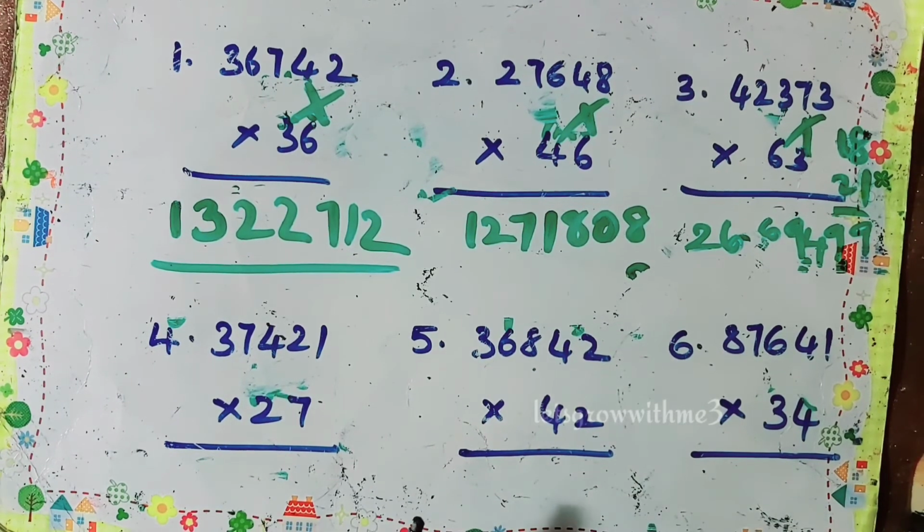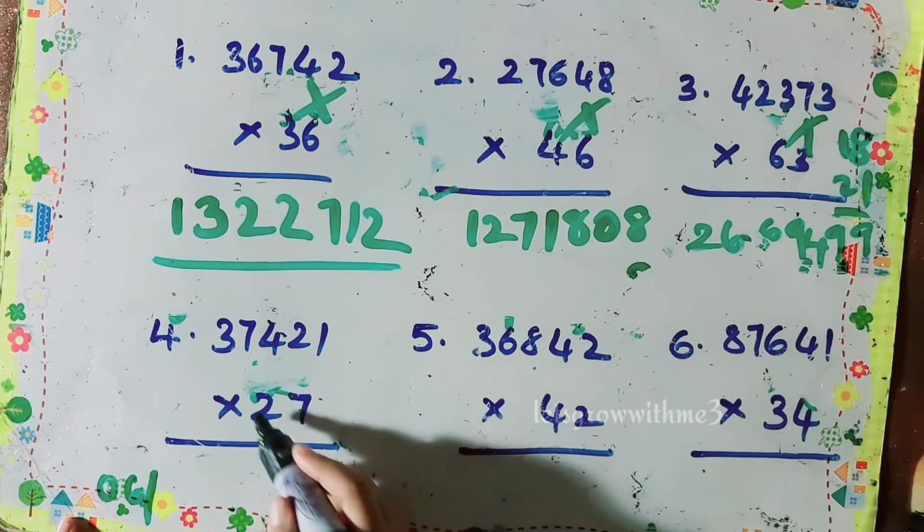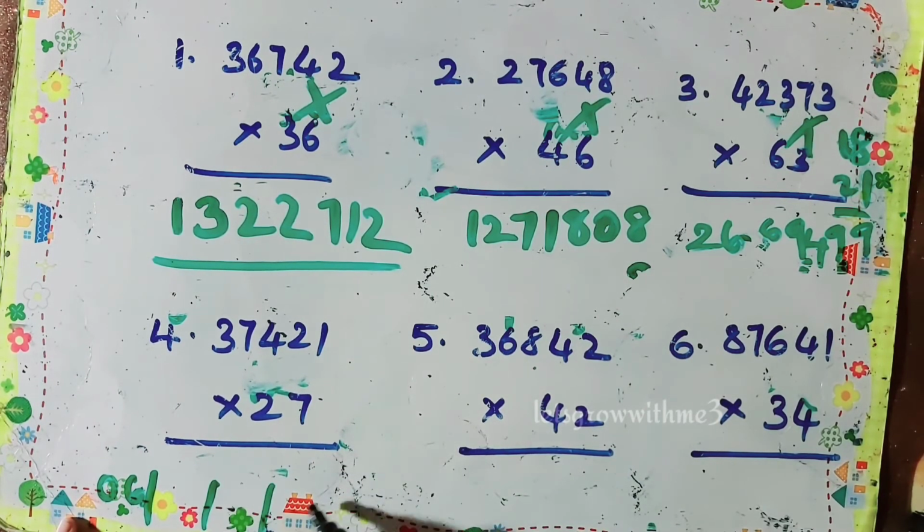Let's do the next question. 3 2s are 6, and then 7 1s are 7, and we need to do the 4 crisscross, 1 2 3 4, 7 1s are 7. Then we need to multiply. 7 3s are 21 plus 14, which is 35.